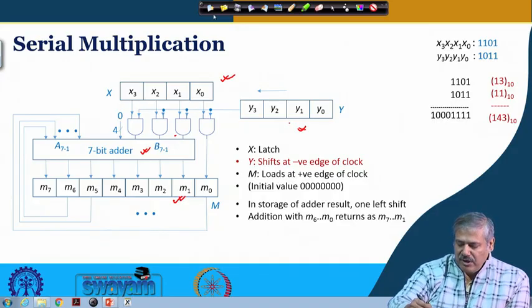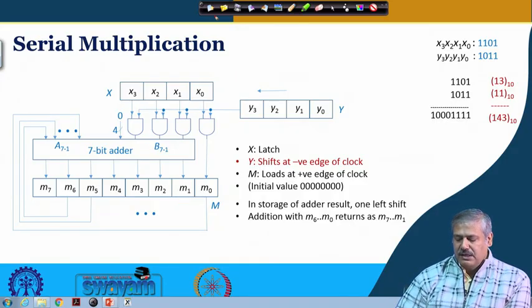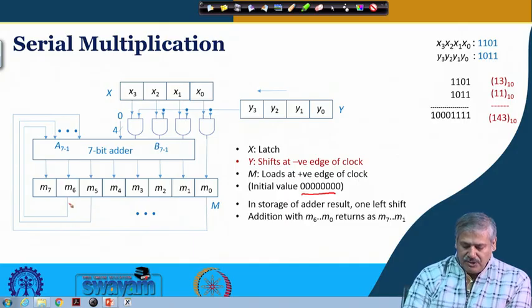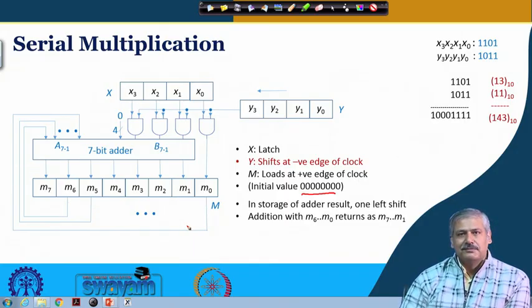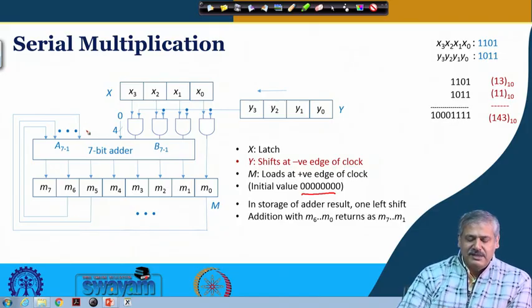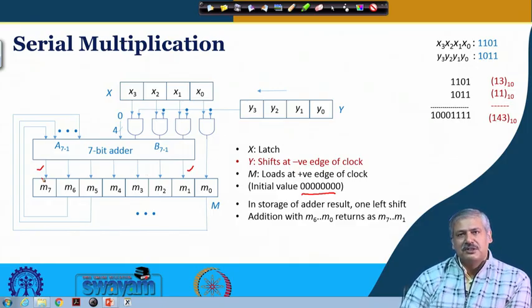The other important point to be noted here, of course, is that M initially is loaded with 0, 0, 0, 0. The M0 to M6 values after addition are coming here as M1 to M7. Please note this part.